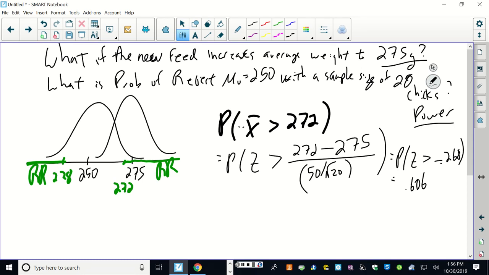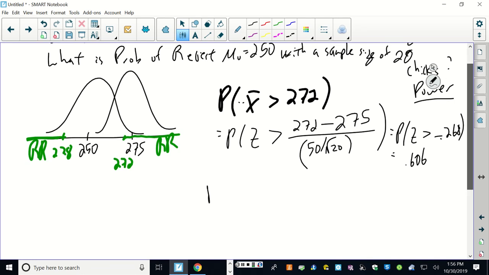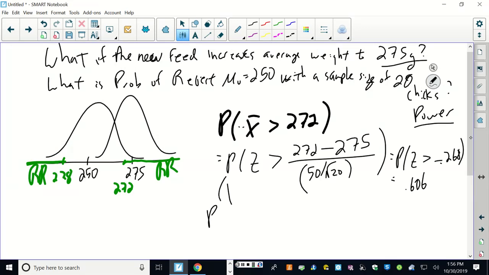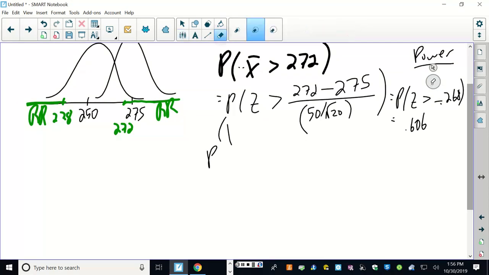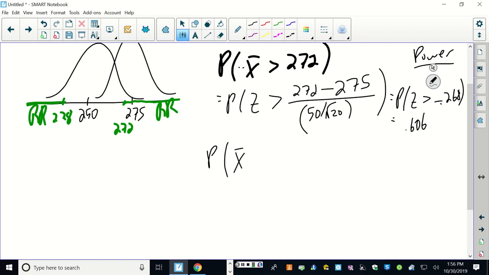Right? The other one, what's the probability that X bar is less than 228? Well, if you subtract 275 and divide by that, what's the probability that z is less than negative 4.20? Very small.